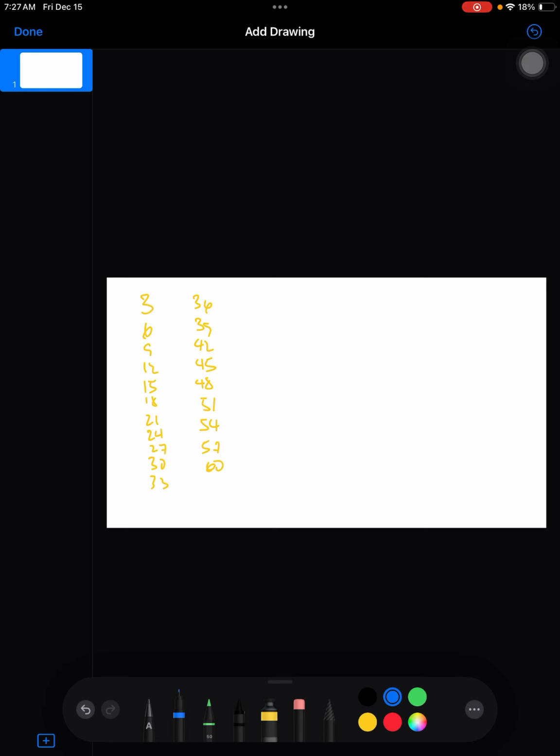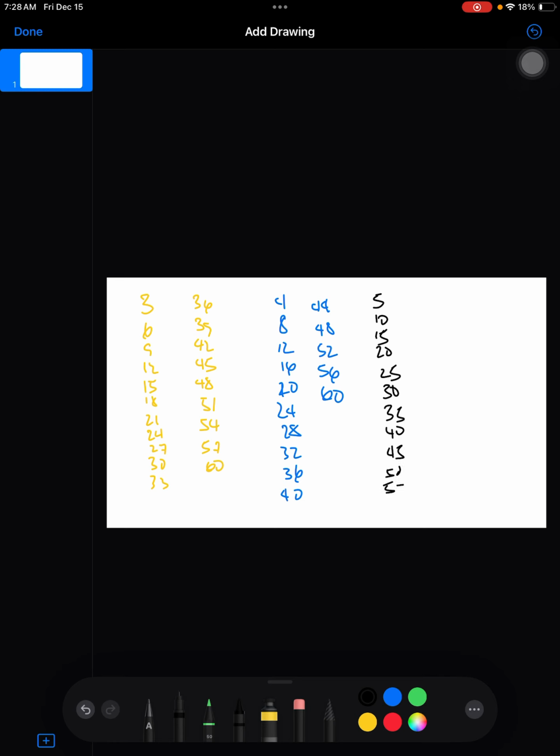And then for 4s, we're going to get 4, 8, 12, 16, 20, 24, 28, 32, 36, 40, 44, 48, 52, 56, and 60. And finally, for 5, we got 5, 10, 15, 20, 25, 30, 35, 40, 45, 50, 55, 60.